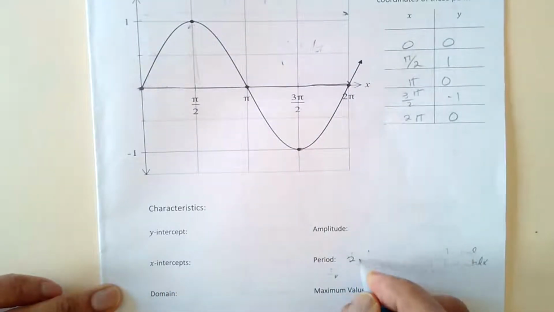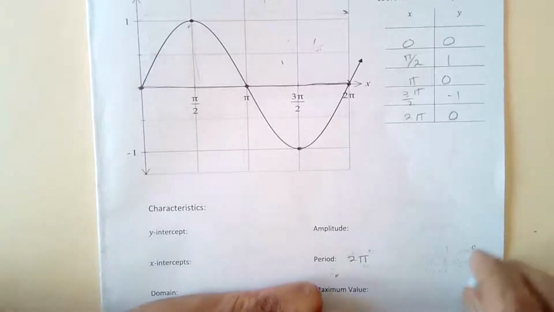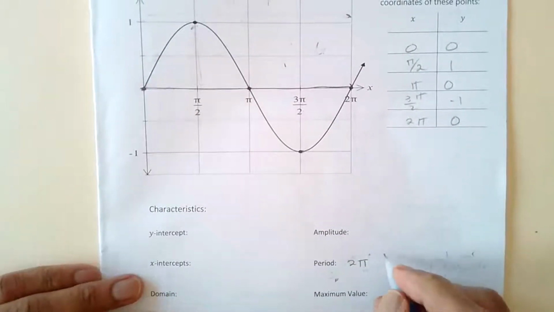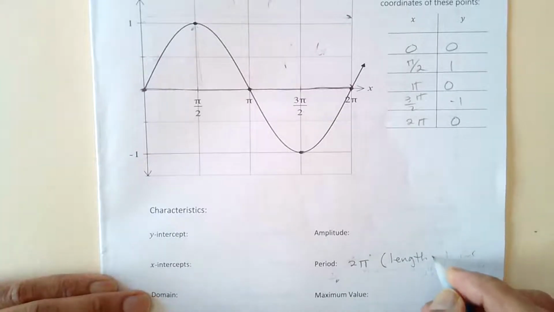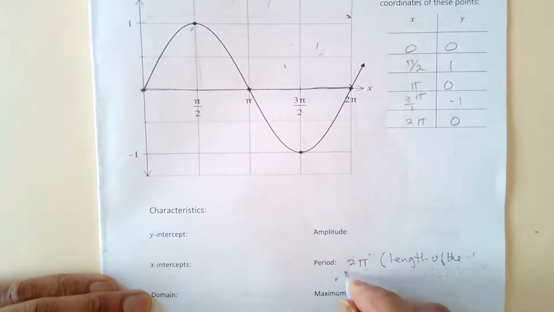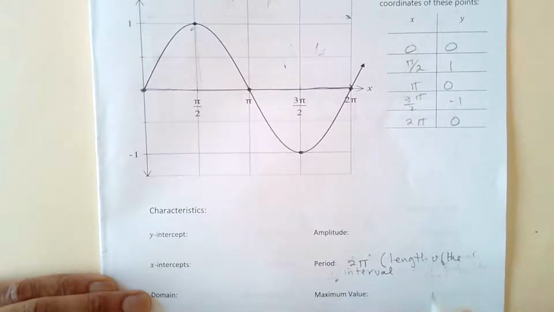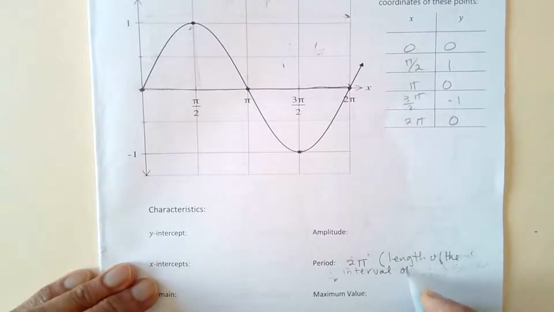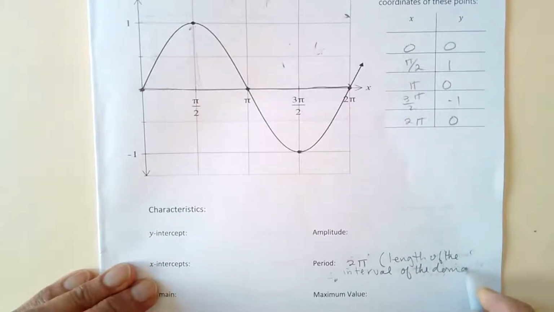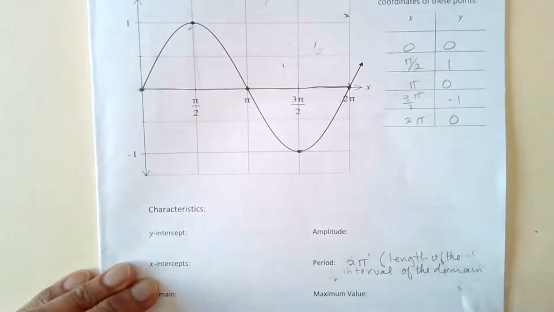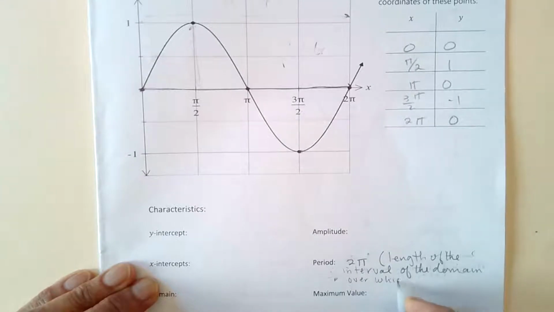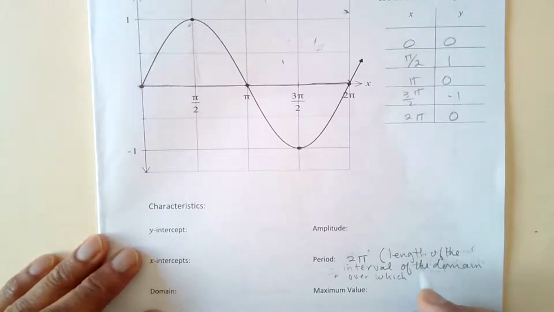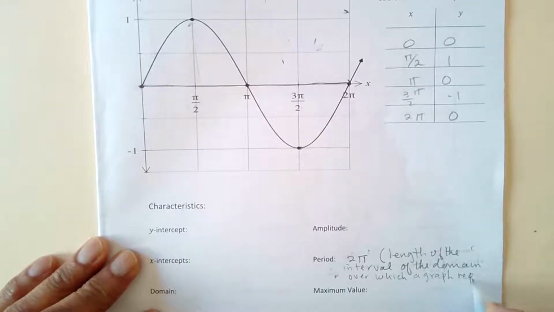So we can say the period here is 2 pi because it's the length of the interval of the domain over which a graph repeats itself.